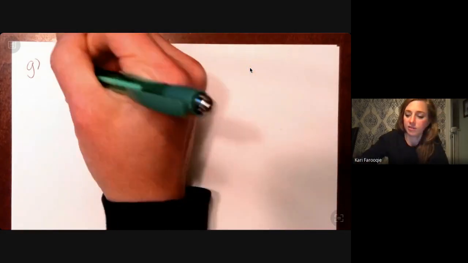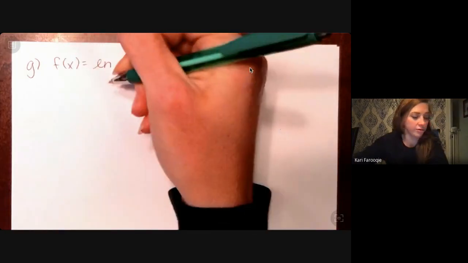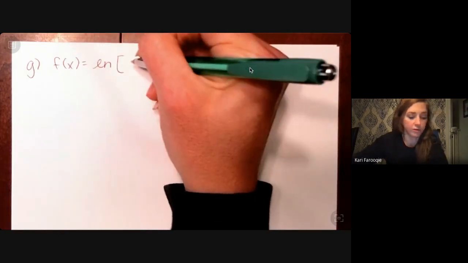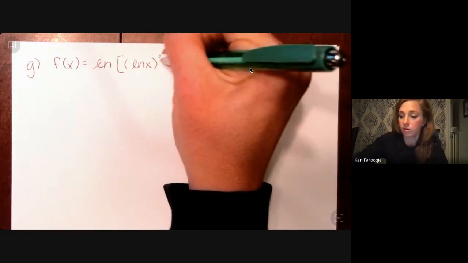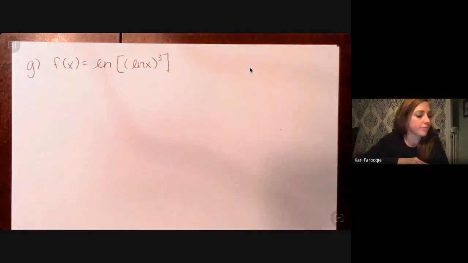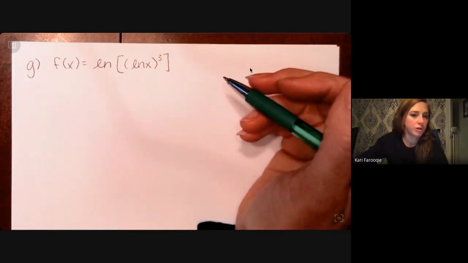All right, this is f of x equals the natural log of, now get ready for it, the natural log of x quantity cubed. Okay. So the natural log of x cubed.